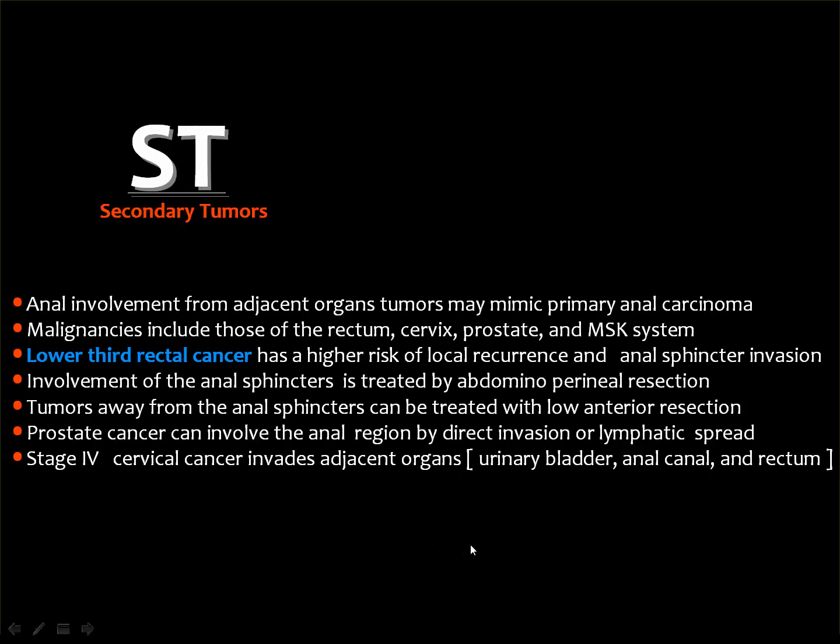But other malignancies like stage 4 cervical cancer may invade the adjacent organs like the urinary bladder, anal canal, and the rectum. Also, we have primary malignancies that can invade the anal canal like the cervix and the prostate, or distant metastasis coming from the musculoskeletal system or the chest.